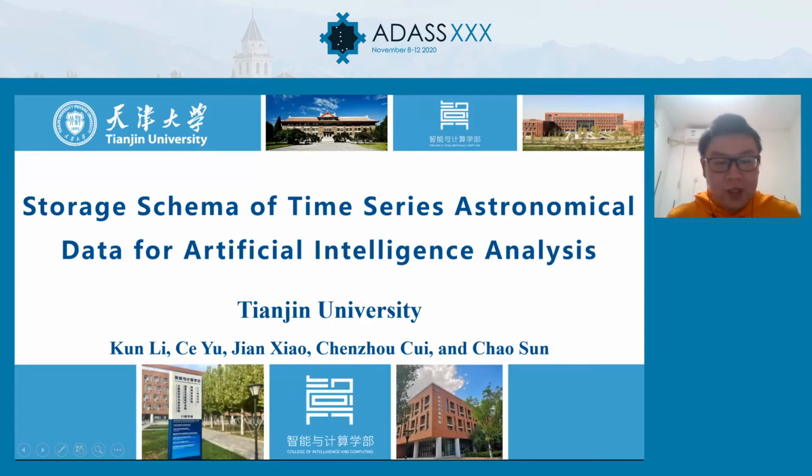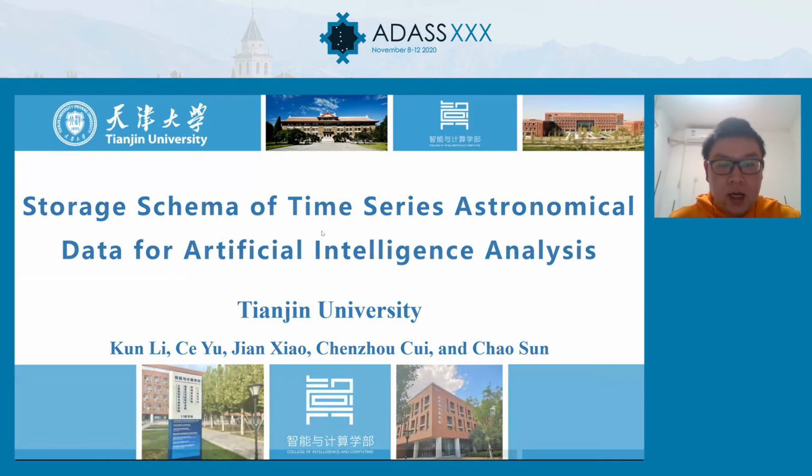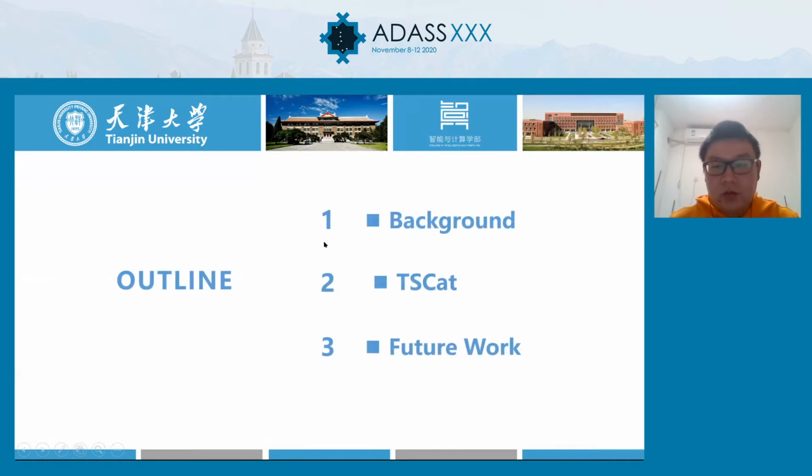Hello, everyone. I'm Kun Lee from Tianjin University. Today I'm very excited to present our work on the theme of time domain ecosystem: storage schema of time series astronomical data for artificial intelligence analysis. The content consists of 3 parts.